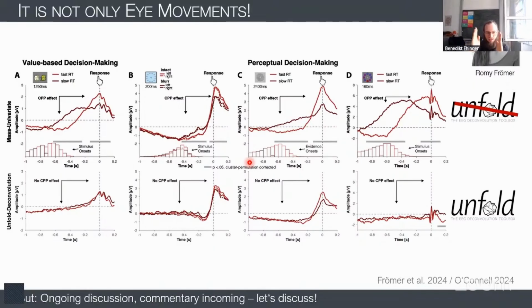So in a very clinical situation, Unfold would return nonsense results, or depending on the parameters, can return various things. In the real world, we argue that this is not so much a problem because there will always be a little bit of jitter and it will always be tuned more to one or the other. But yes, this is definitely a very striking result and something to be explained for this community as well.